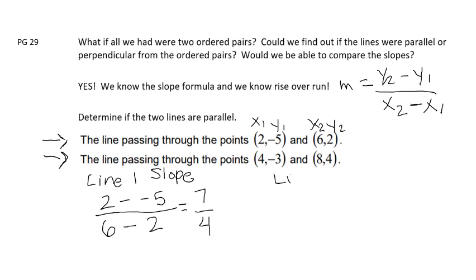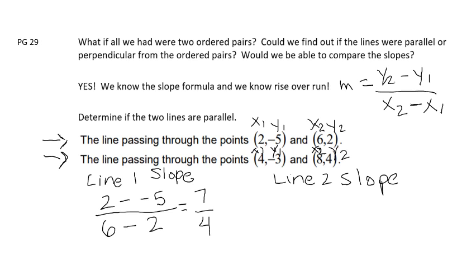Now if we do line 2 slope, we can label the same way, x1, y1, x2, y2.